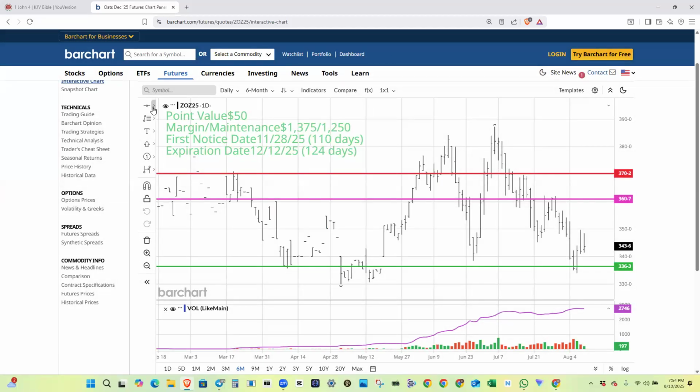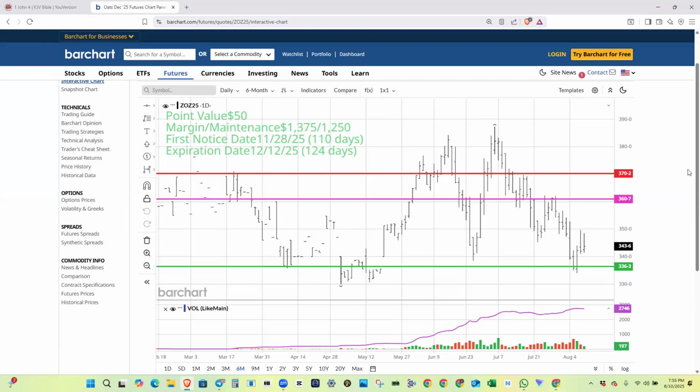But I've already made a mistake here. This is why we teach the 1, 2, 3 top, 1, 2, 3 bottom formation. If it's confirmed and we get in at the number 2, then it should keep working like we want it to.